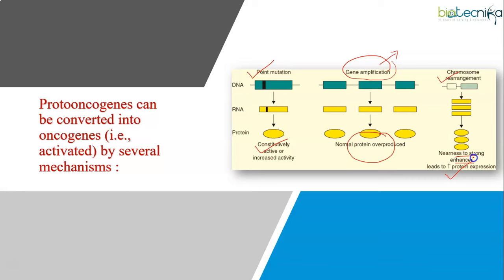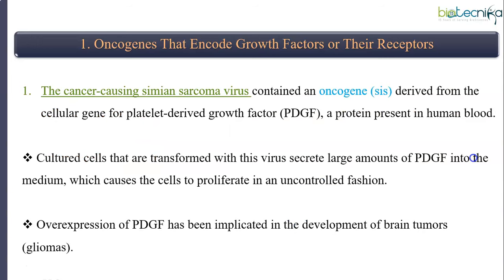Now let's check out some examples of these oncogenes. How are they working? So oncogenes could be the ones that encode growth factors or their receptors. For example, the cancer-causing sarcoma virus. They contain an oncogene known as sis, which is derived from PDGF, a protein present in the human blood.